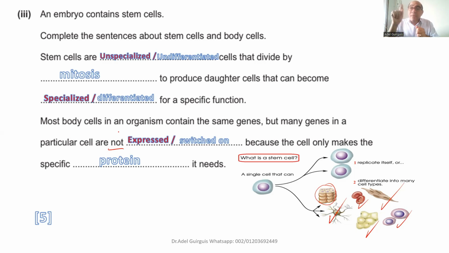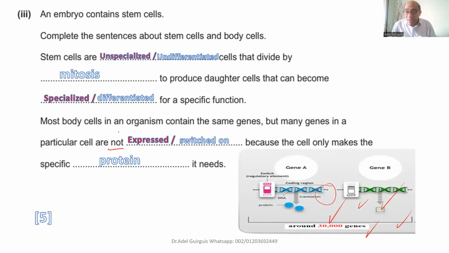The same gene is found in skin, but does not produce insulin. Why? Because it's switched off, not expressed. Here, around 30,000 genes are present in each nucleus in each living cell.